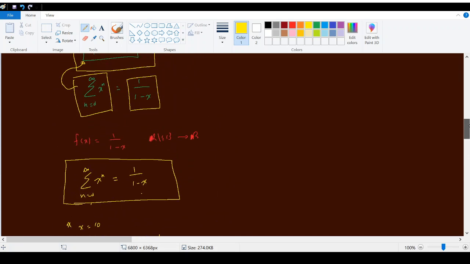The function will behave outside this region, right? So if you take an x outside this region, then that will make no harm to the function. The function will take its own path outside this region, but the series does not. The series cannot handle the x values outside its interval of convergence.